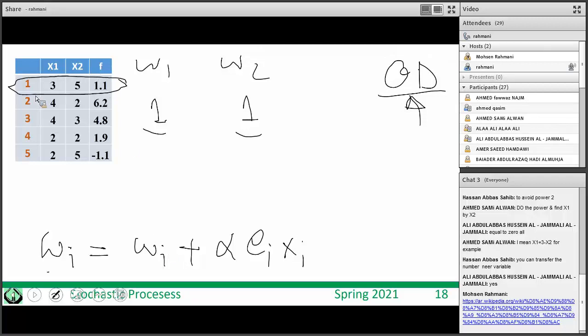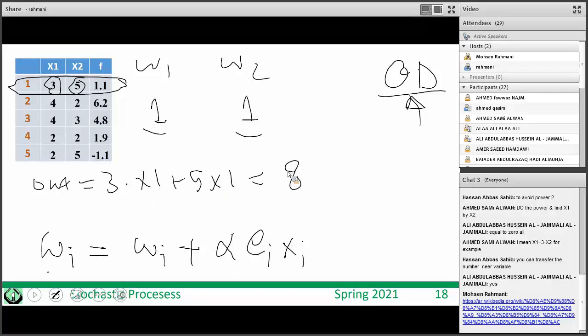For example, in the first row, if I use 3, 5 as inputs, the output is 3 times 1 plus 5 times 1. This is 8. And what is the error here?